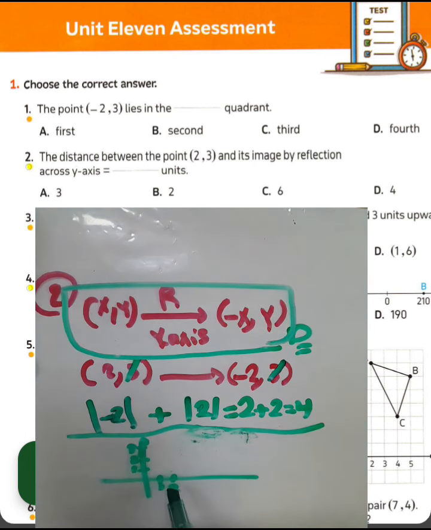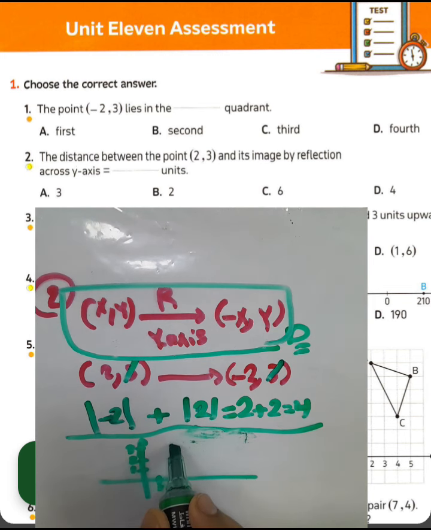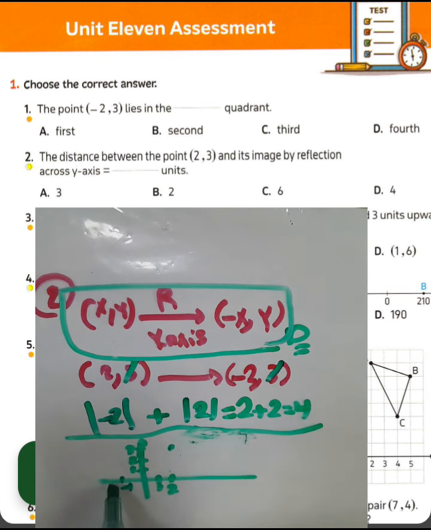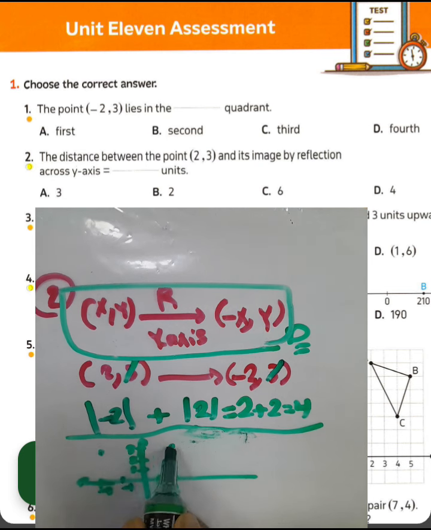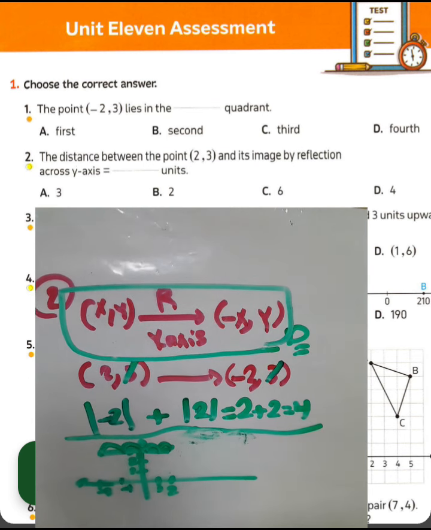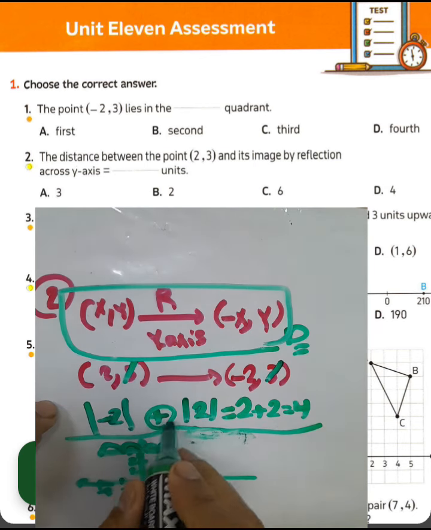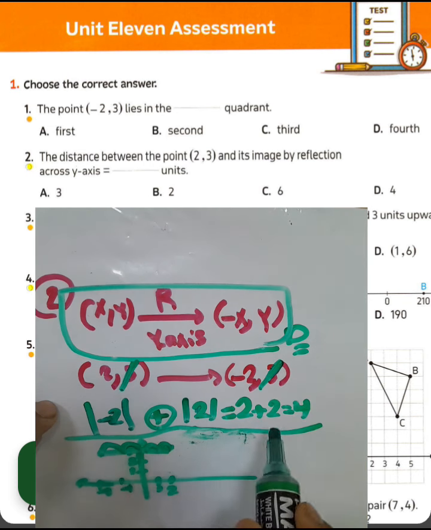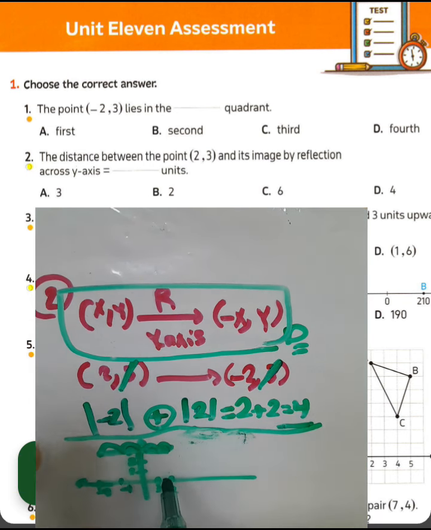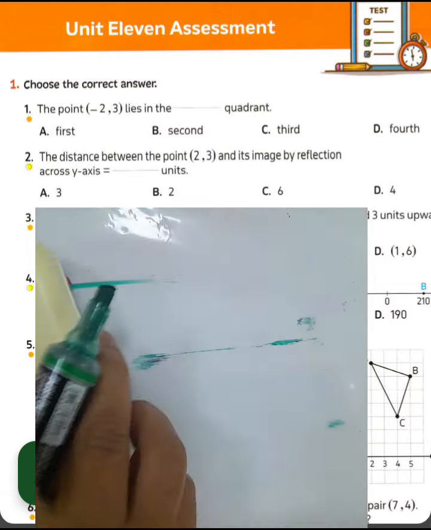First I will put (2, 3) here, and the second point (-2, 3) here, and then you can count how many units we have: 1, 2, 3, and 4. Then the distance between the two points is 4 units. So you have two solutions: using the absolute values of the first projections and canceling the similar number, with the result 4, or putting the points in the coordinate plane and finding the distance between them. Solve as you like.